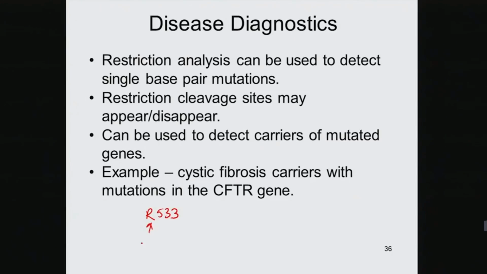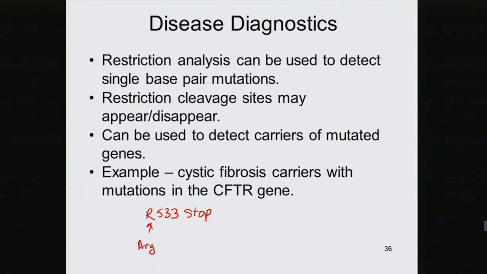So this means the amino acid arginine in position 553 in the protein. Its codon was actually changed to a stop in the DNA. Okay? So there was a base mutation that resulted in that amino acid codon being changed to a stop.